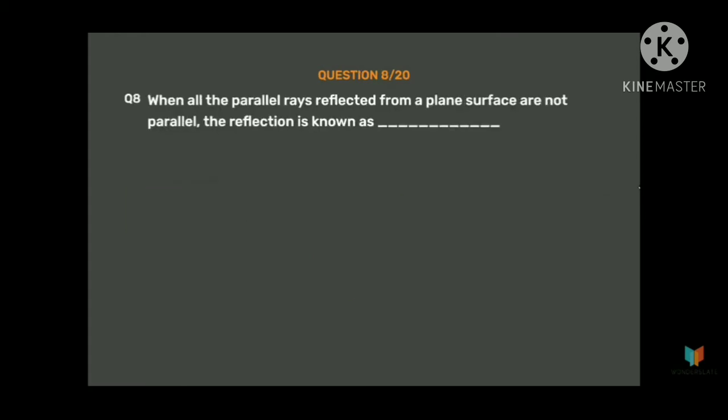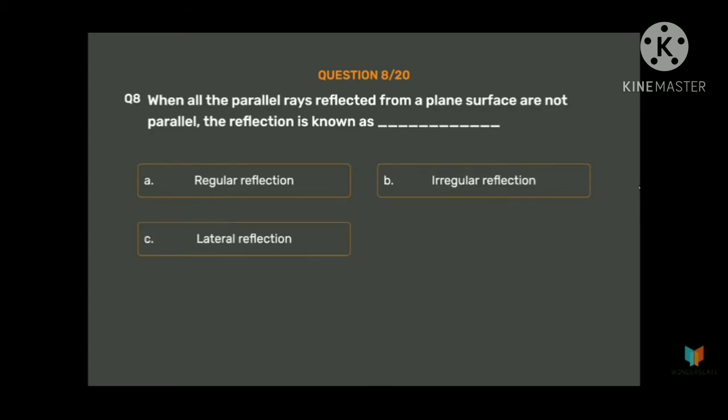Question number 8. When all the parallel rays reflected from a plane surface are not parallel, the reflection is known as underscore. Option A, regular reflection. Option B, irregular reflection. Option C, lateral reflection. Option D, none of these.